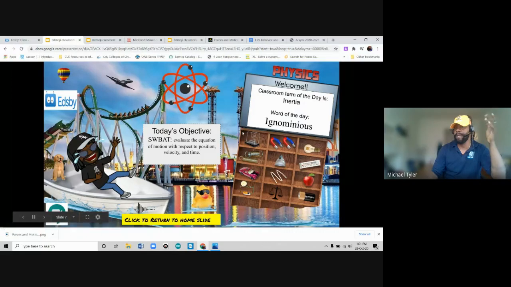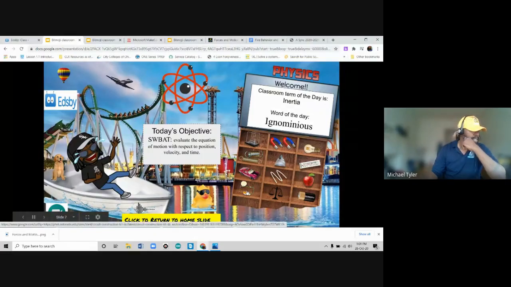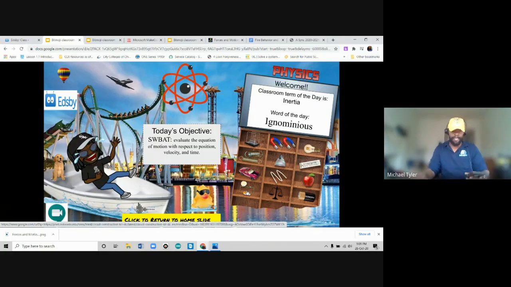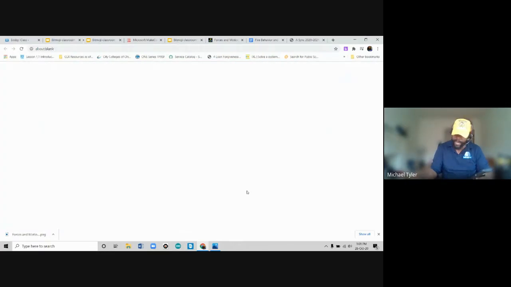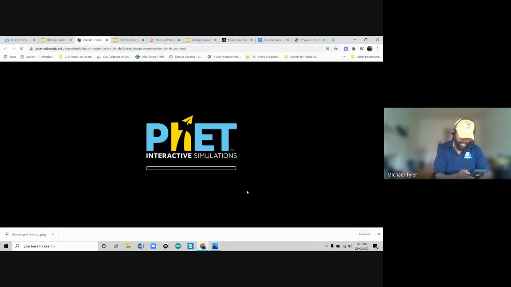Now, don't pay attention to the objectives. That's for physics students. This is the word of the day for school. So the simulation to click on is this right here. All right, it has this little bulb connected to a little circuit. You can click on that, and it's going to load a simulator.